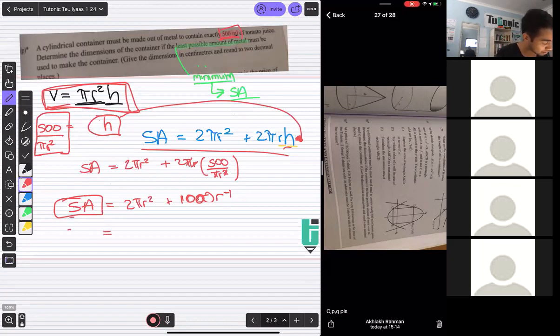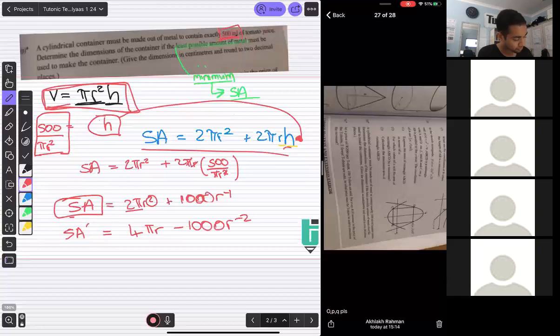So you could say maybe SA dash is 4 pi r. Remember pi is a constant, guys? Minus 1,000 equals 0.